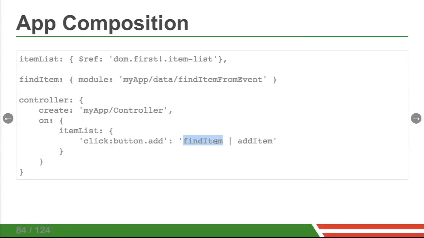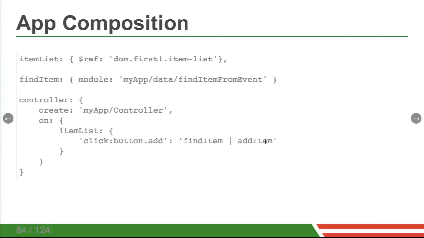If you remember from our module, it received the DOM event and it embodies the algorithm for finding the item from the DOM event. So it's going to do its thing and return a data item to be added to the cart. And that data item is going to be passed to our controller's add item method. So there you have it: a connection that can actually transform the data as it moves through.